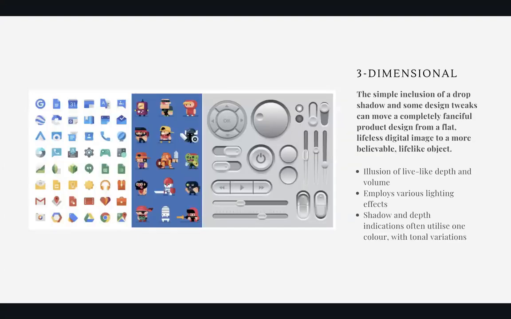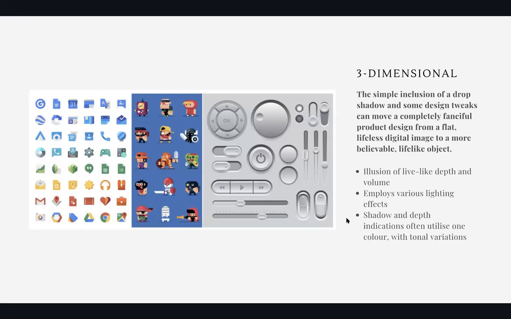All right. Three-dimensional style. Now, the simple inclusion of a drop shadow, some elements and design tweaks can move a completely fanciful product design from a flat lifeless image to a more believable lifelike object, right? So there's illusion of lifelike depth and volume with shadow, depth of field, gradients, employing different lighting effects.